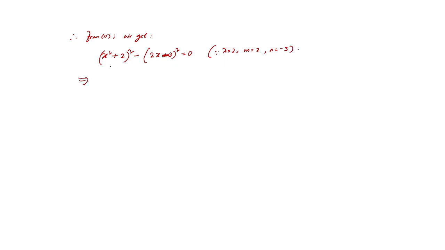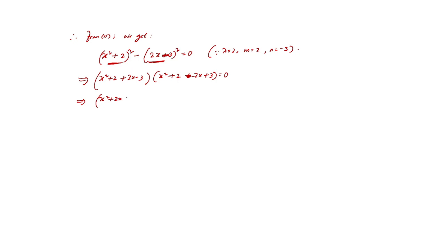So now you just apply a square minus b square. This formula we know, a plus b into a minus b. So x square plus 2 plus 2x minus 3, multiplied by x square plus 2 minus 2x plus 3, equals to 0. That you consider a and this part is your b. So that means we get actually the product of two quadratic equations, and that we can solve with the help of Sridharacharya formula.